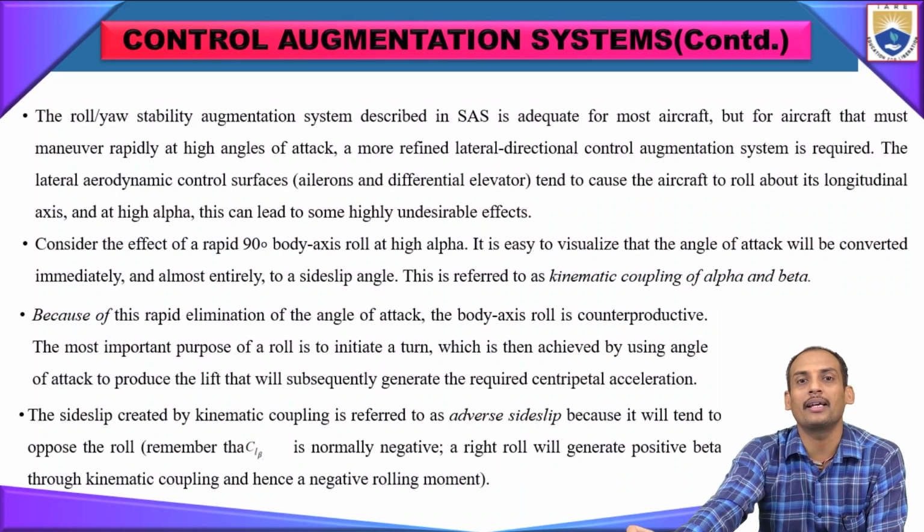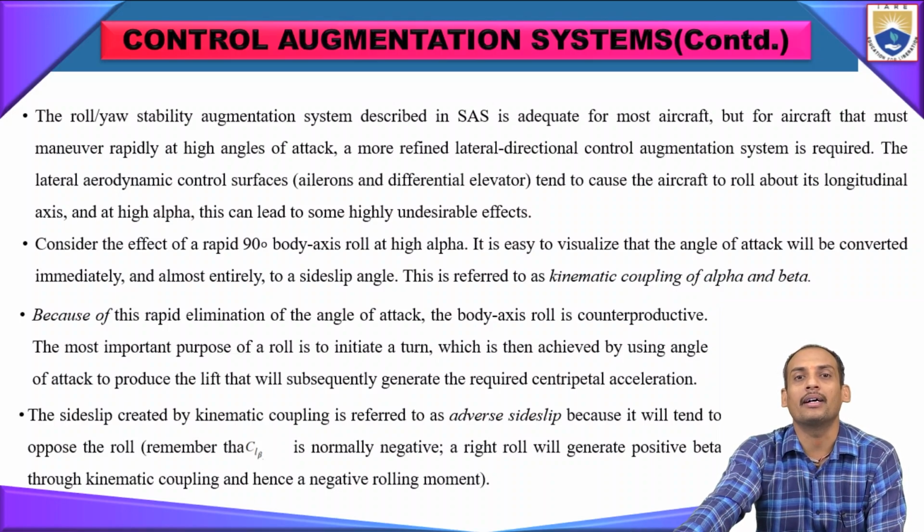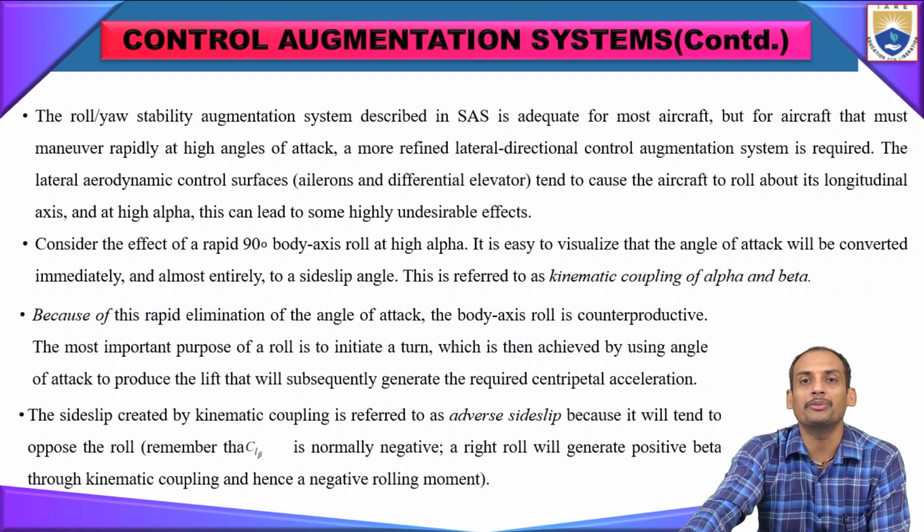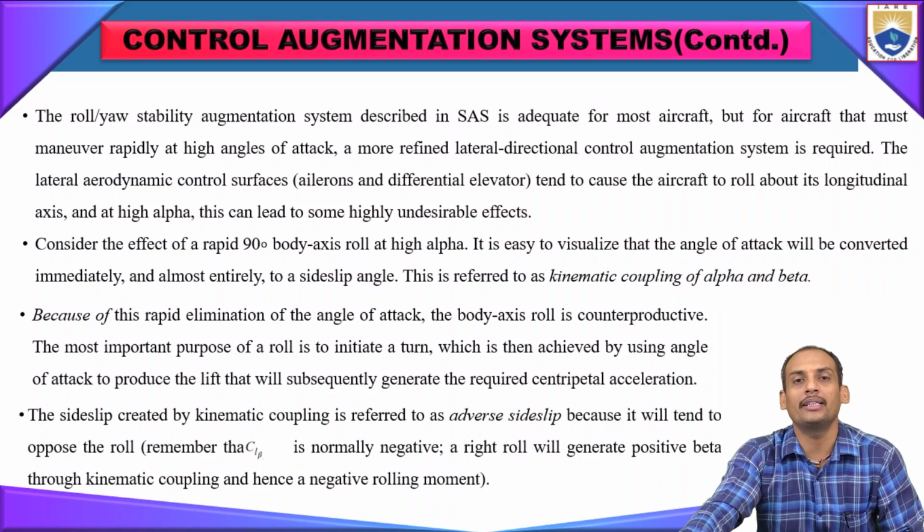To attain higher angles of attack and higher pitch attitudes, this directional augmentation system is also installed. It is actually required. The lateral aerodynamic control surfaces are the aileron and differential elevators: elevator is for pitching moment, aileron for rolling moment, and rudder for yawing moment.